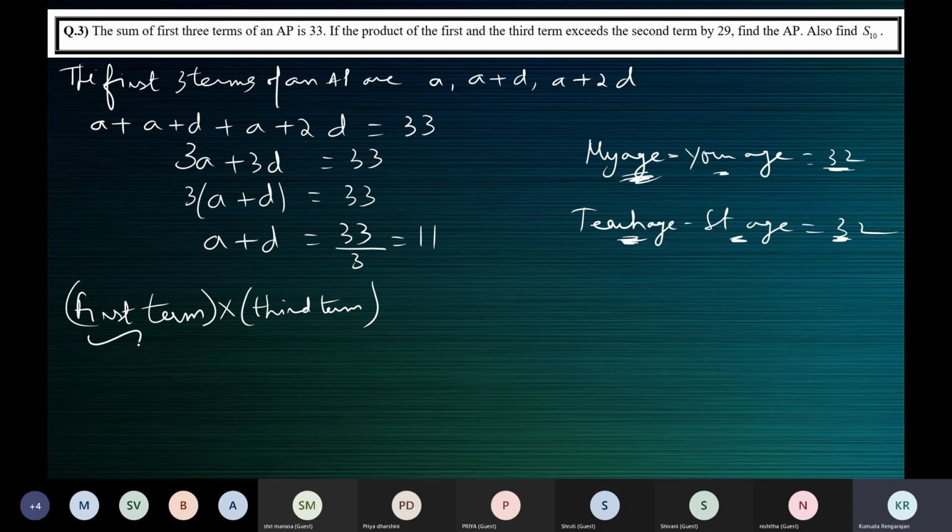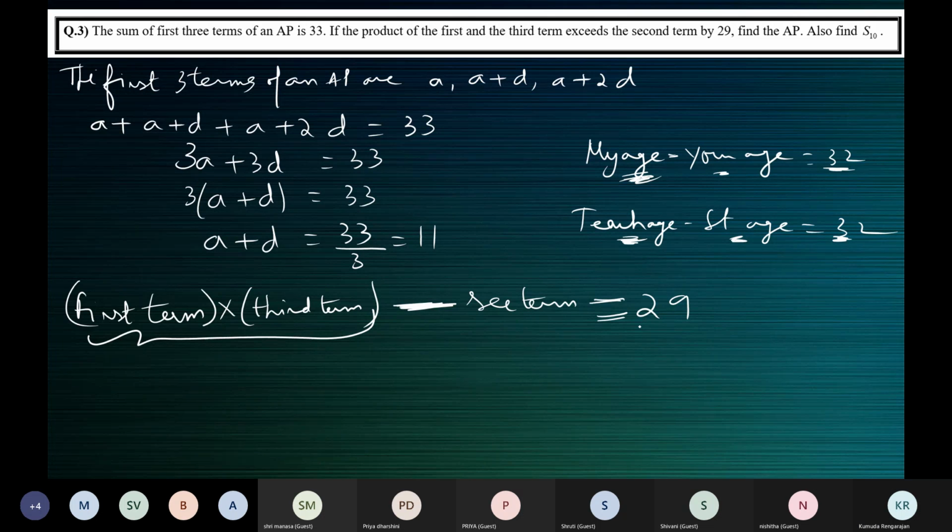So the product of the first and the third term exceeds the second term by 29. That means this product is more than the second term by 29.